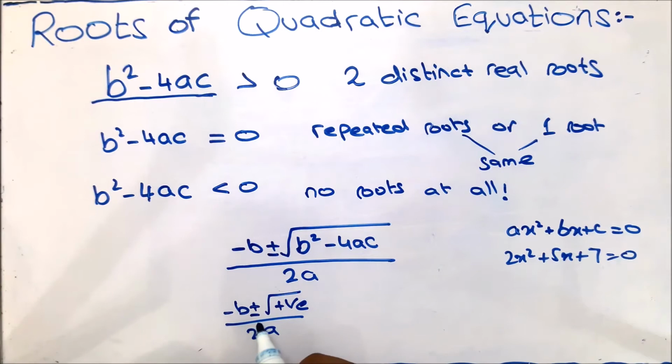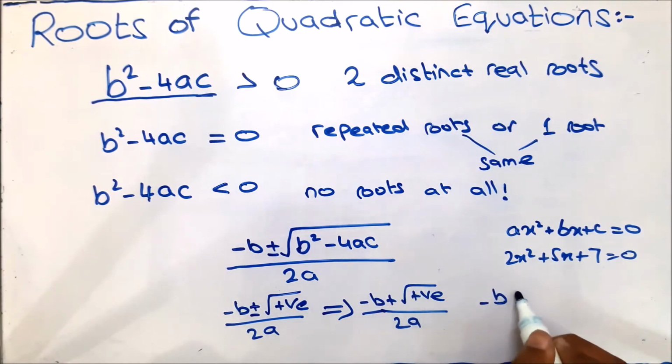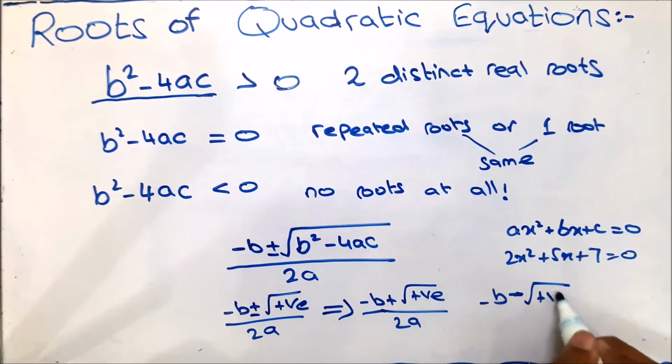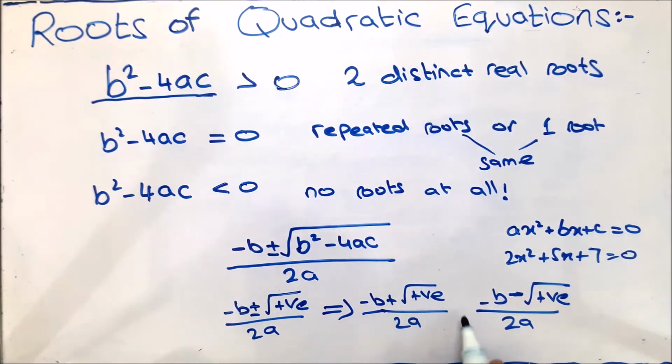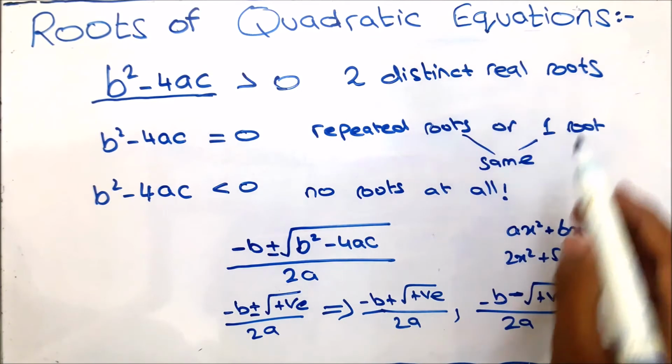When we split it in two parts, we take one term as positive and one as negative: minus b plus the root of something positive, divided by 2a, and minus b minus the root of something positive, divided by 2a. This gives us two distinct answers. So whenever this is greater than 0, we have two distinct real roots.